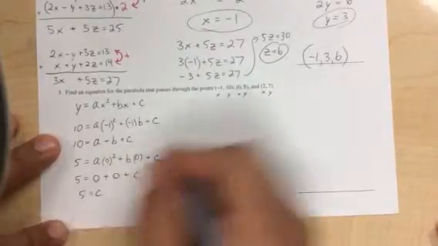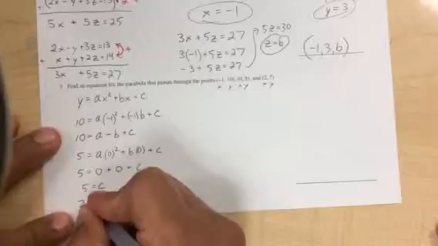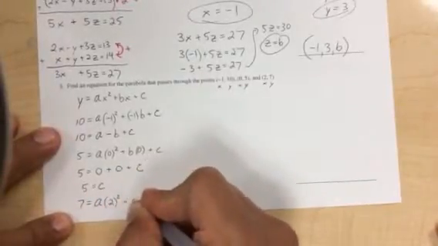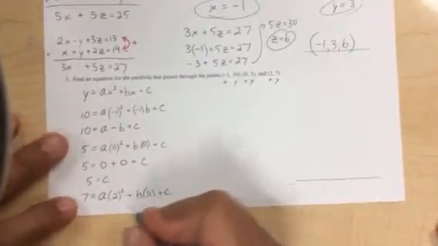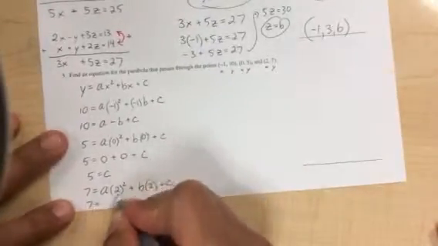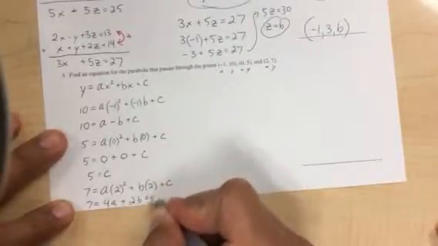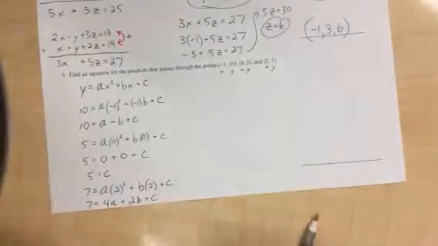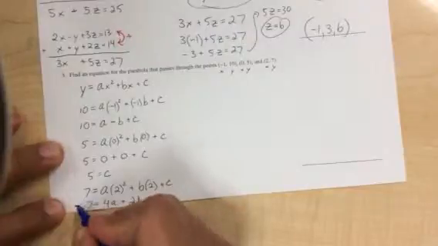And the last one is, I'm going to plug in (2, 7). So it's going to give me 7 equals a times 2 squared plus b times 2 plus c. So this one's going to become 7 equals 4a plus 2b plus c. So now I have my 3 equations.